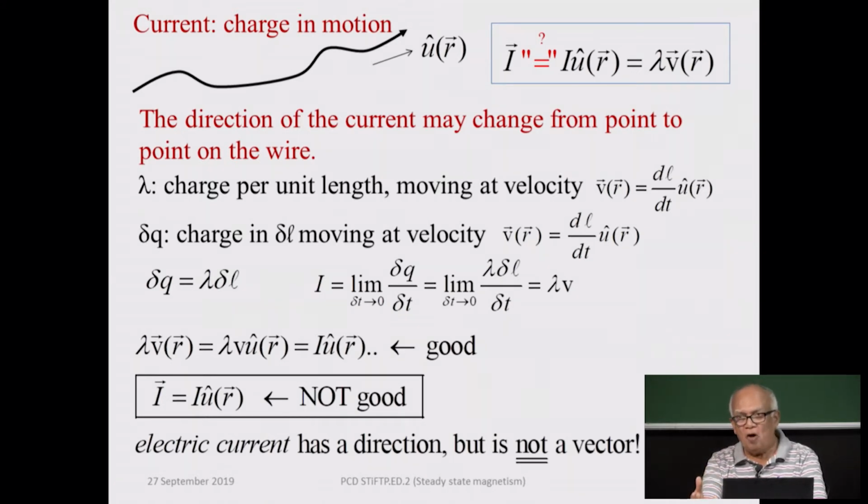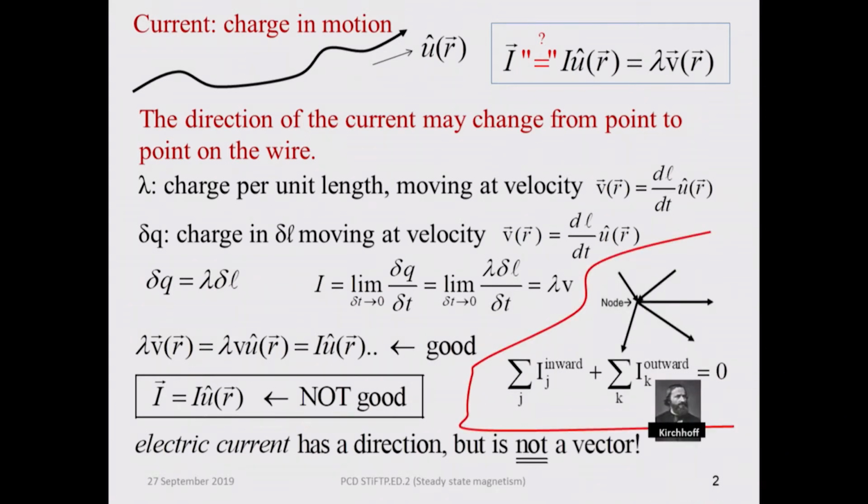There is a cosine law, and then the vectors add according to the triangle law of addition or the parallelogram law of addition of vectors, and currents certainly do not add according to those laws. Okay. So, current adds up according to Kirchhoff's laws, and this has absolutely nothing to do with the triangle law of addition of vectors. So, here you have a conservation of charge which determines how the currents flow at a node, and that is how currents are added and not according to the triangle law of addition of vectors, which is why it is not appropriate to refer to current as a vector.